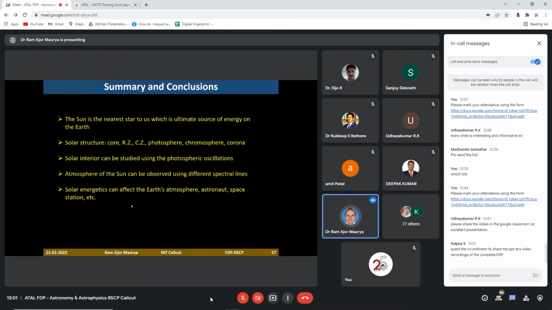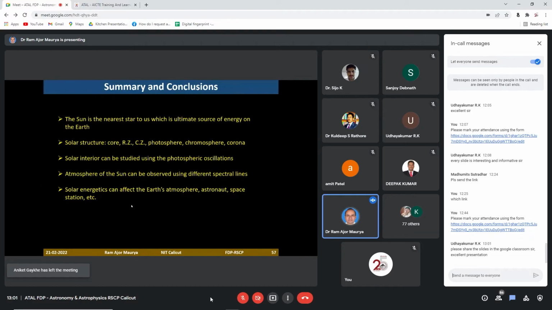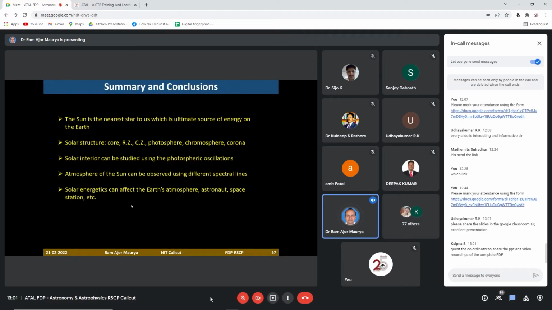So most of the radiation here we have in the visible region. Okay. It was Fraunhofer who observed some spectral lines in the solar atmosphere, and the spectral lines you can see A, B, C, D, E, F, G. Okay, the spectral lines.